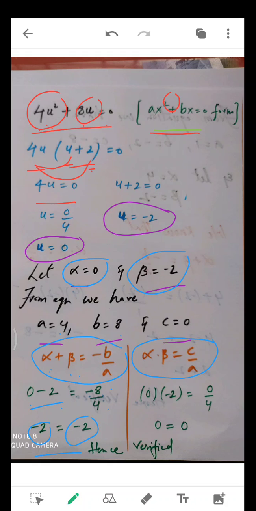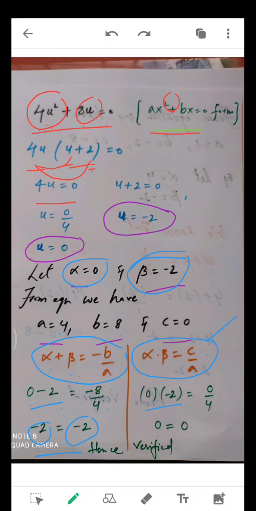So the sum is verified. Now coming to the product, alpha into beta: alpha is 0 again, beta is minus 2. So 0 times minus 2 is 0, and c by a, 0 by 4, is 0. So whenever you have to verify the zeros and coefficients, you must use these two formulae.